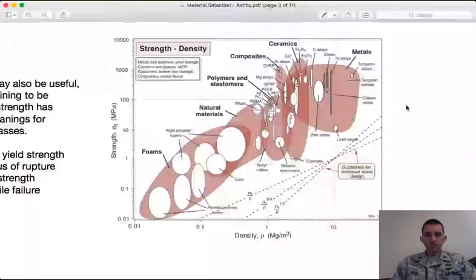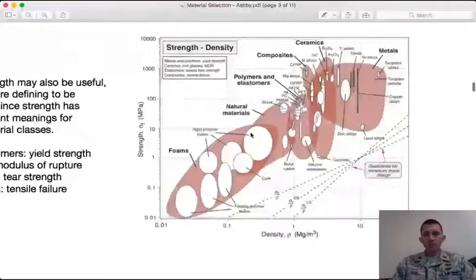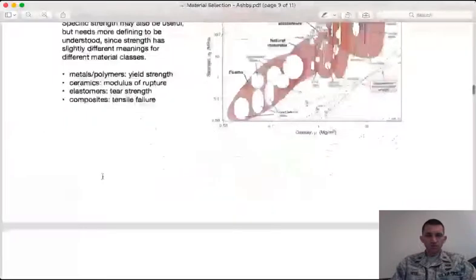And again, you see a separation of the different classes of materials, where you have high density, high strength metals, low density, low strength foams, and then you would have a range of strengths for composites and polymers, but a fairly narrow range of densities, somewhere in between your foams and your metals. But here you can see strength versus density gives you additional insight potentially.